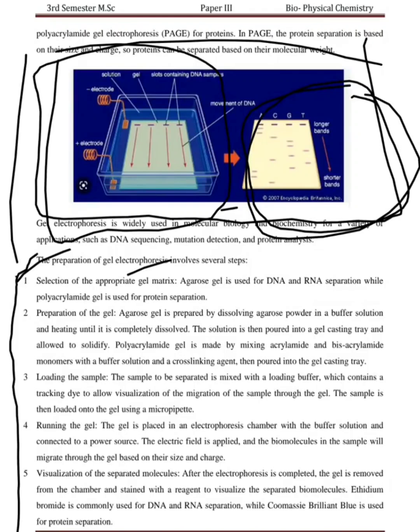Agarose gel is used for DNA or RNA separation, and polyacrylamide gel is basically used for protein separation. So for DNA and RNA separation we use agarose gel, and for protein separation we use polyacrylamide gel. The method is the same, but we use different gels for the separation.